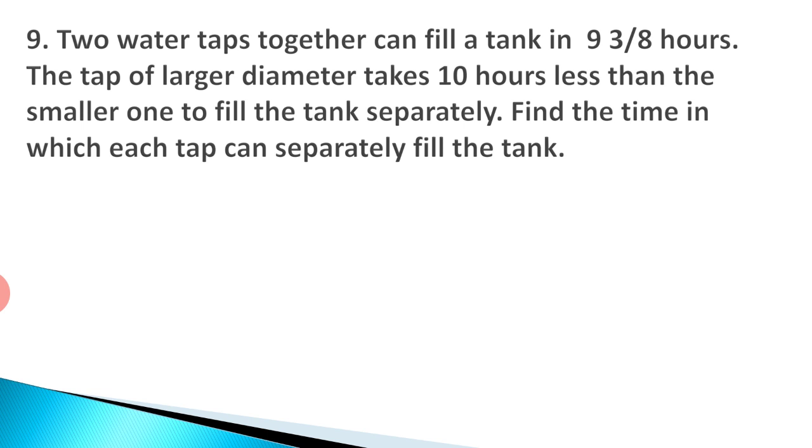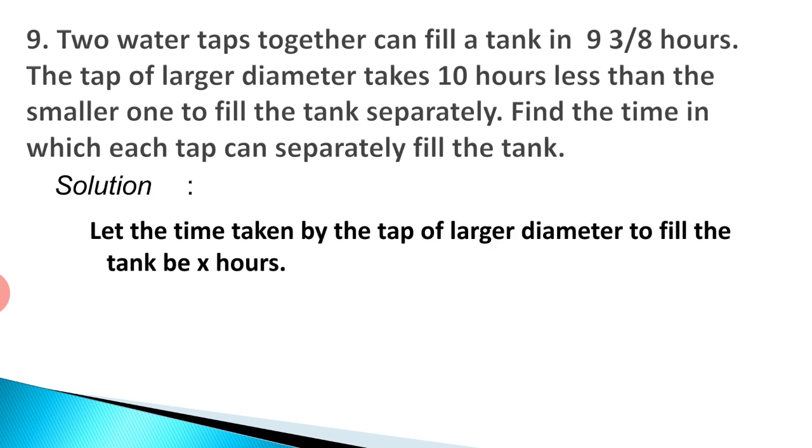The tap with larger diameter. So we assume that the time taken by the tap of larger diameter to fill the tank is x hours, because we know it takes less time. Always assign a variable, in most cases, to the smaller quantity.